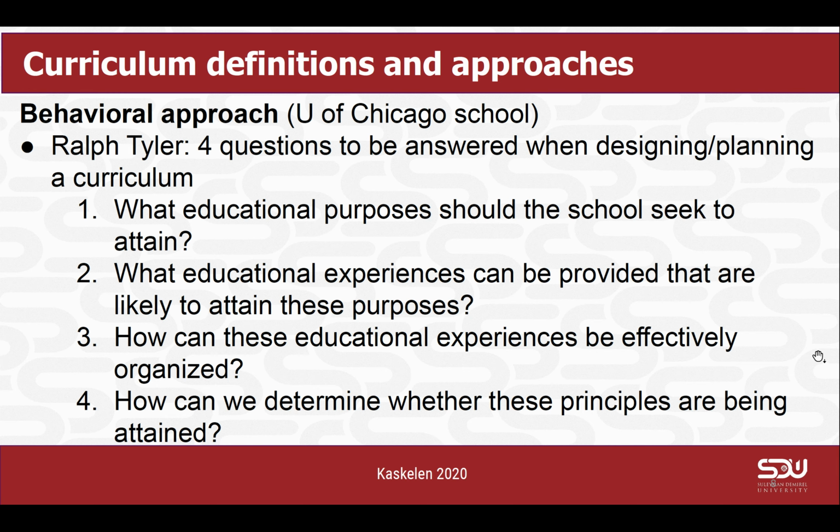Then you think about effectively organizing, right? Remember cost effectiveness and all other things. Optimize, a very rational, kind of technocratic approach. And finally, how can we determine whether these purposes are being attained? Basically, remember, evaluate the learning outcomes, whatever outcomes you have, against your goals and objectives.